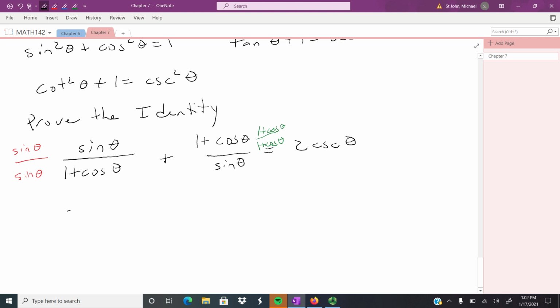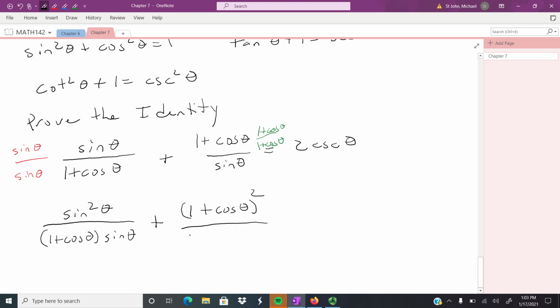So this is going to be sine squared theta over 1 plus cosine theta times sine theta, plus 1 plus cosine theta squared over 1 plus cosine theta sine theta.